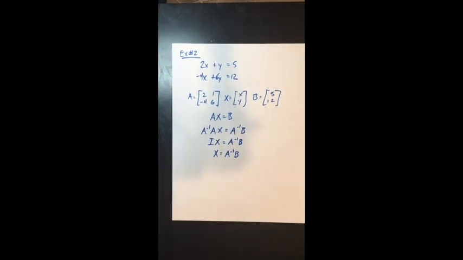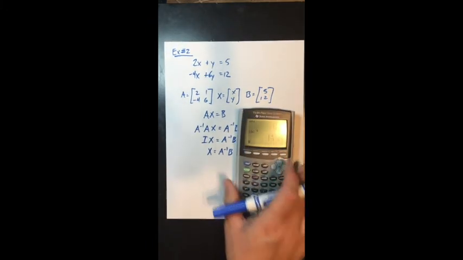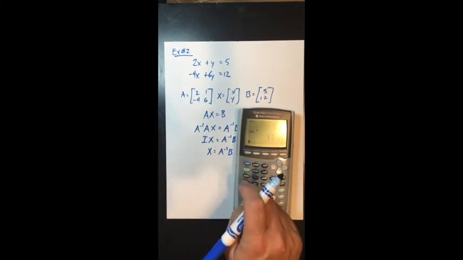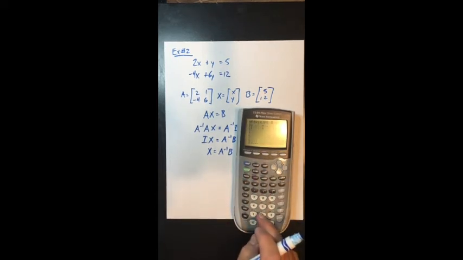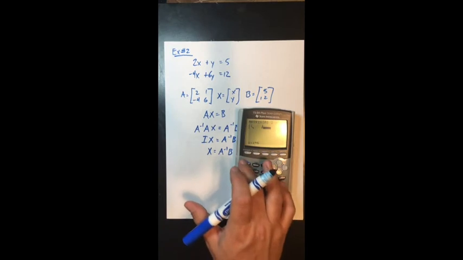So to solve this system of equations using an inverse, what we need to do is put A and B in the calculator. So 2 by 2 for A would be 2, 1, -4, and 6.